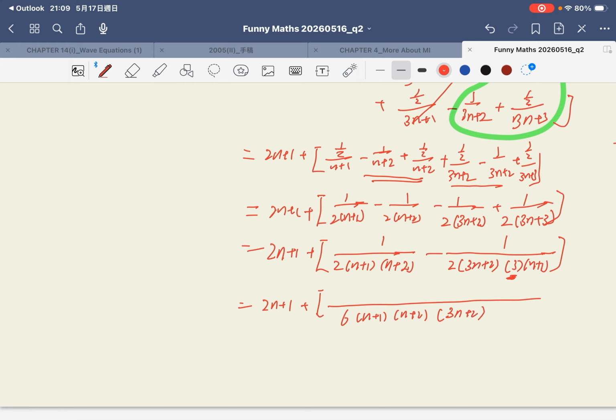For the numerator, the first term we have to multiply by 3 times (3n+2). The second one is (n+2), and 2n plus 1 plus that is 9 and 9 minus 1, 8 times n, 6 minus 2 plus 4.